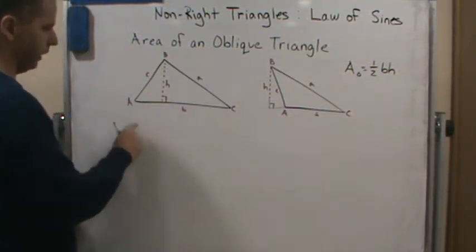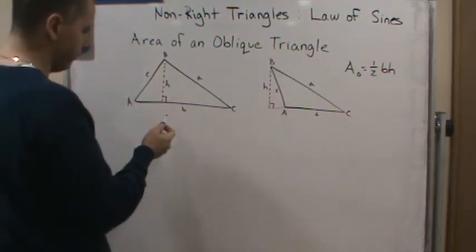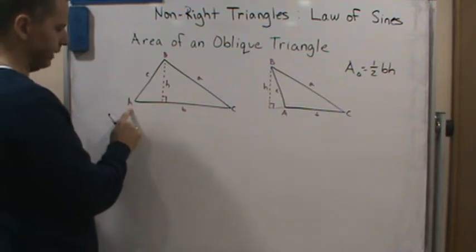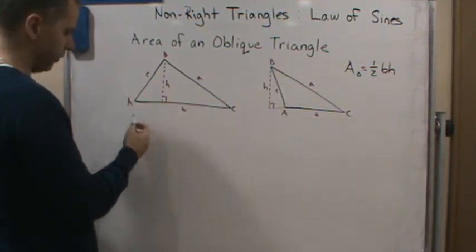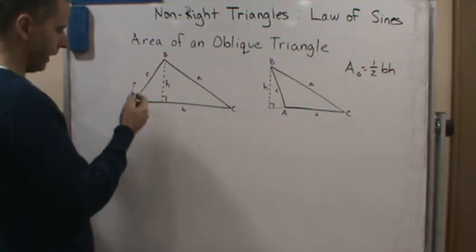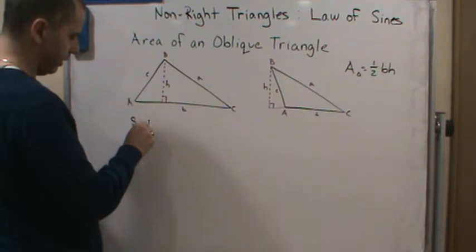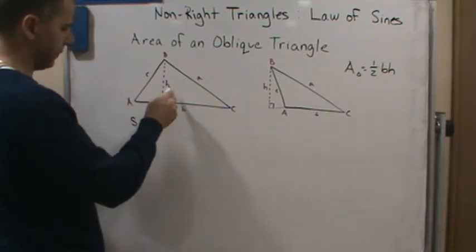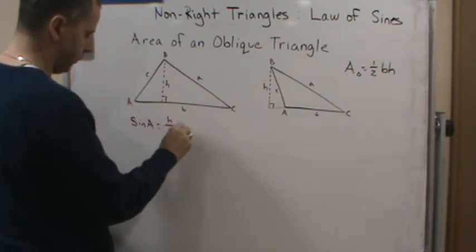Before we get to that, let's talk about the angles. So if we talk about angle A, how do we get angle A? Well, we know that sine of A is equal to what? Opposite over hypotenuse. So that would be H over C.